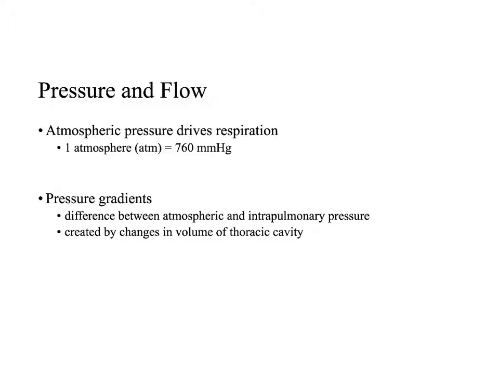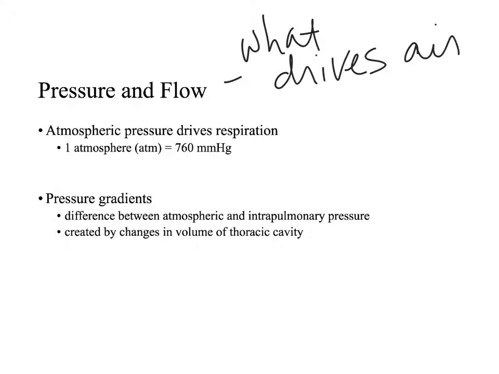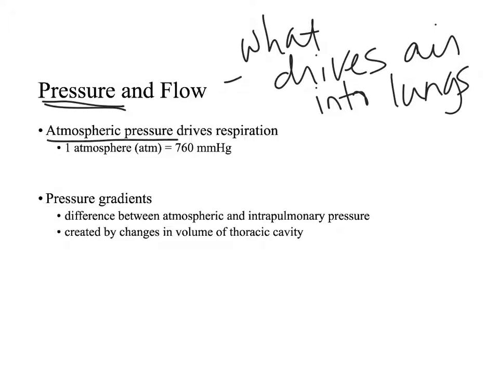Now, what drives the movement of air in? Basically, it's based on pressure. Now, atmospheric pressure, if we're at sea level. Oh shoot, that's supposed to say... I'm really having problems spelling today.